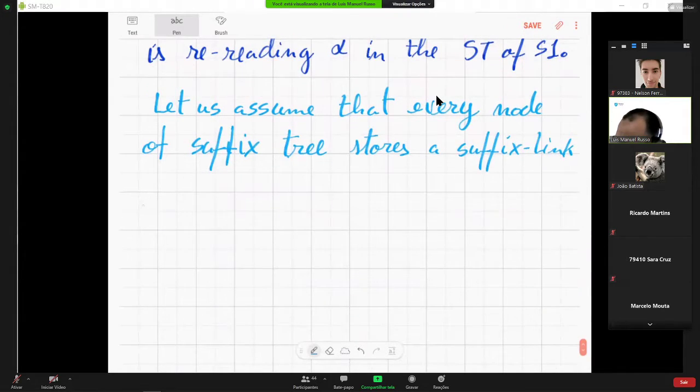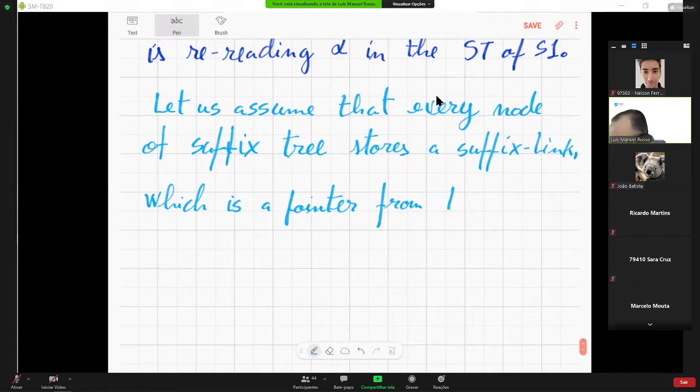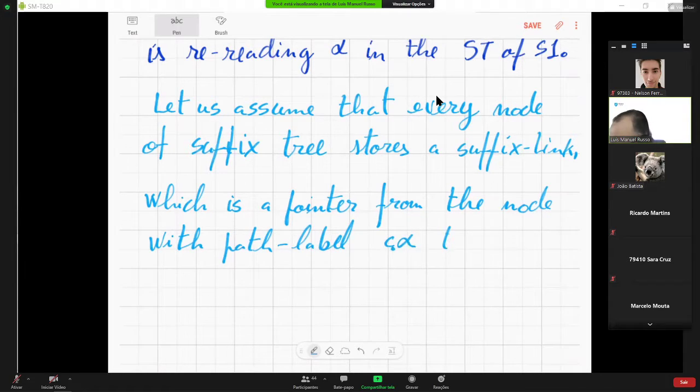A suffix link is a pointer from the nodes with path label C alpha to the nodes with path label alpha.